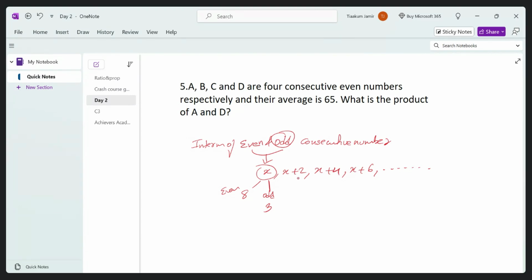If you take odd with x plus 1, x plus 3, you will definitely get the wrong answer. We're assuming x as 3, x plus 1 is 4. Here we are talking about consecutive odd numbers, and consecutive odd numbers must stay odd. Alright, so do not make the blunder.